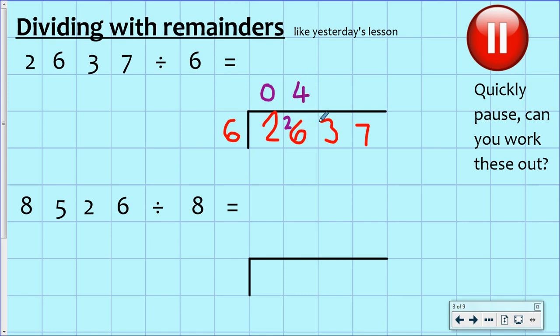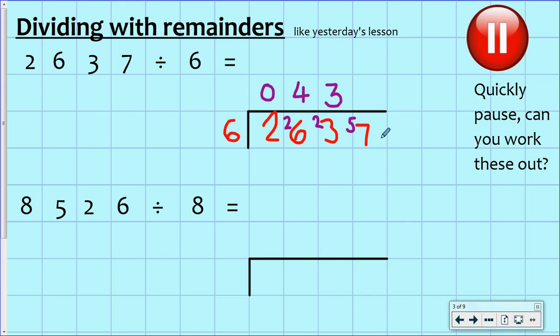So I'm going to exchange those 200s for 20 tens. So now I've got 23 divided by 6. So 6, 12, 18. So I can get 3 groups of 6, but then I've still got 5 left over, so that will be exchanged. And now I have 57 ones.